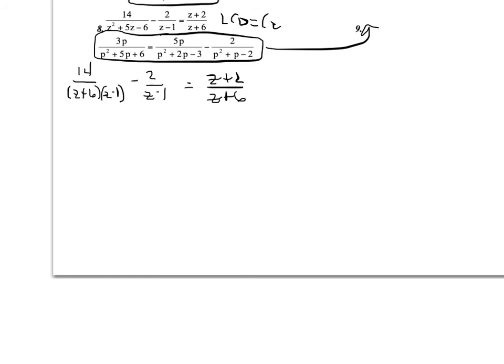It's not repeated anywhere. So z minus 1 times z plus 6 will be my LCD. And I'm going to multiply every term by that: z minus 1, z plus 6 for the first, the second, and for the fraction on the right.